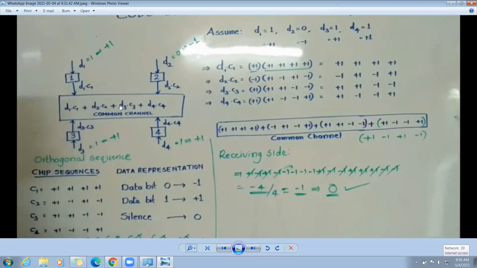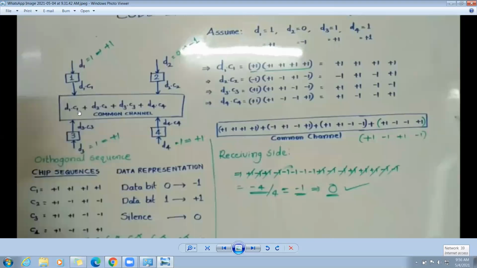Okay, as of now, we got this information: D1, C1 is station 1, D2, C2, D3, C3, D4, C4. D means data, C means code. In the common channel, all data will be transmitted together, right? Here, this is how the data will be in the common channel.